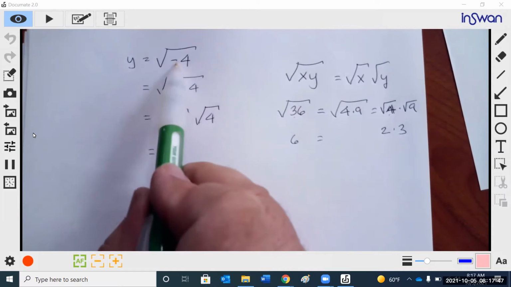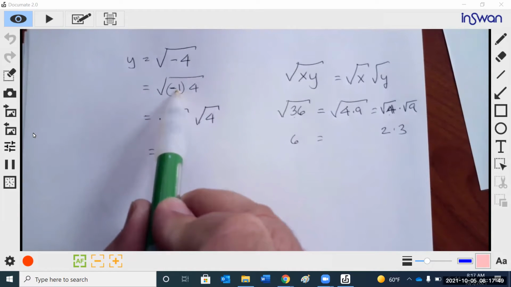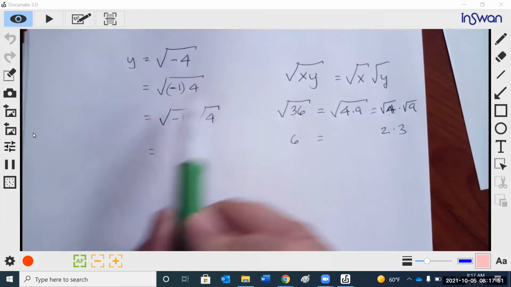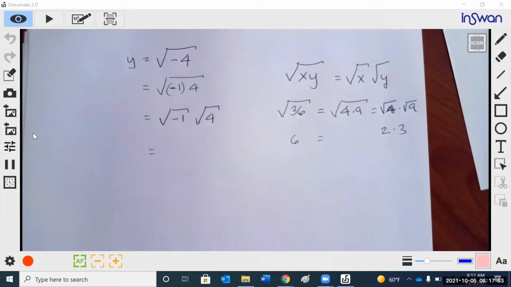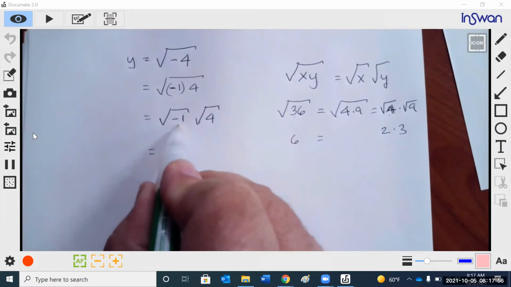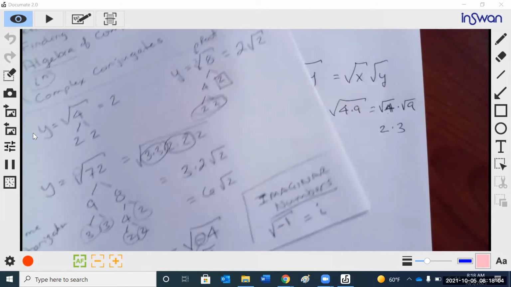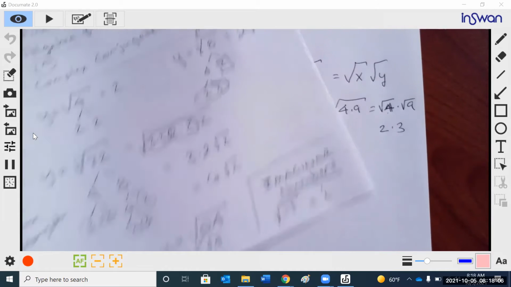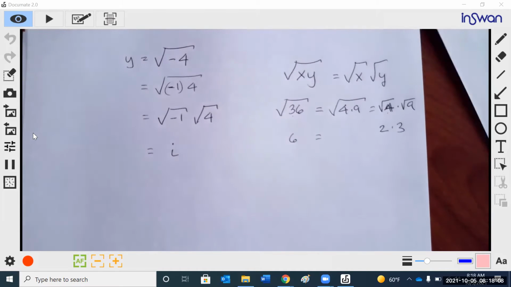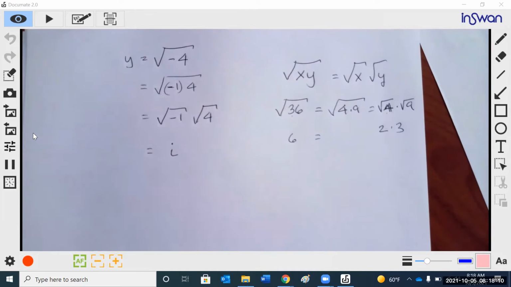So whenever you have a negative inside a radical, split them up. The -1 goes inside one radical and the number goes in the other. The square root of -1 equals what? i. That comes from this page right here. Whenever you see the square root of -1, that automatically equals i.